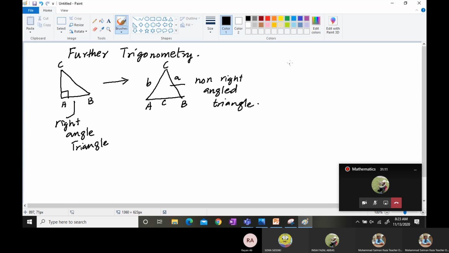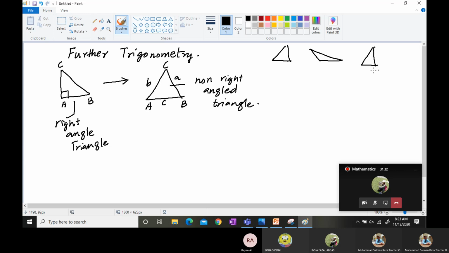A non-right angle triangle can be of any shape. It can be an acute angle triangle, an obtuse angle triangle, or an isosceles triangle. It can be any sort of triangle, but we need to find out how to solve the questions on them.